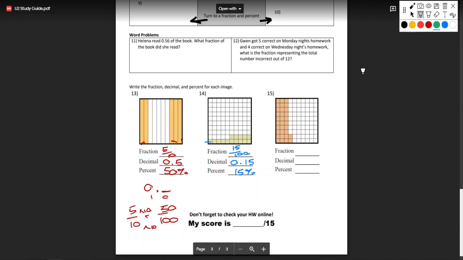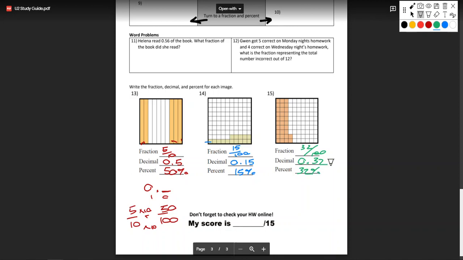The last one we're going to look at is this one. This is also on a 100 grid. This is 10, 20, 32 out of 100. And when you're looking at the hundredths place, that is 2 places right behind the decimal point, so it just becomes 0.32. And remember, anything that has a denominator of 100 is automatically a percentage, so this is 32%.